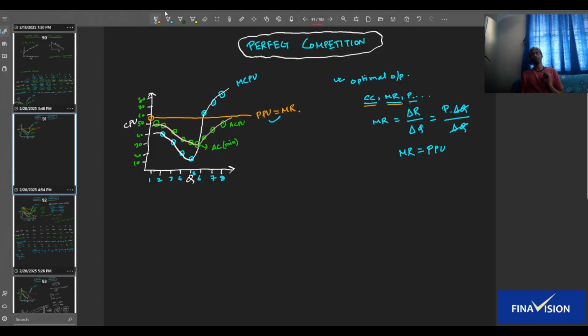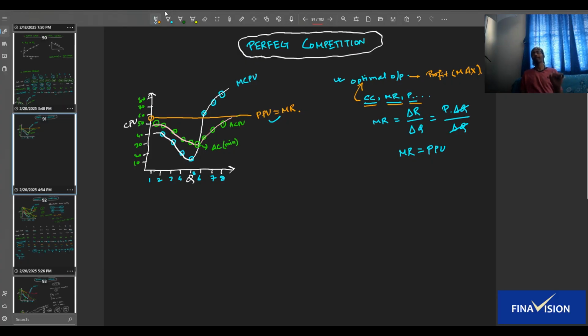Now our goal is to find out the optimal output point. The optimal output point is the point where profit is maximized. For a profit-seeking company, ideally speaking, the point where profit is maximized is the point of optimal output. Right friends, I'll repeat once again. For a profit-seeking firm, always, irrespective of market structure, the optimal output point is that point where profit is maximized.